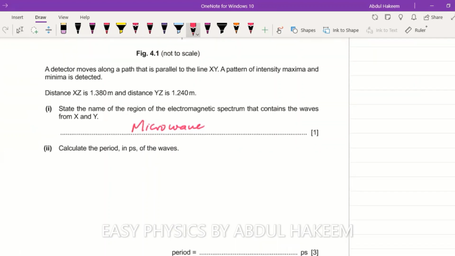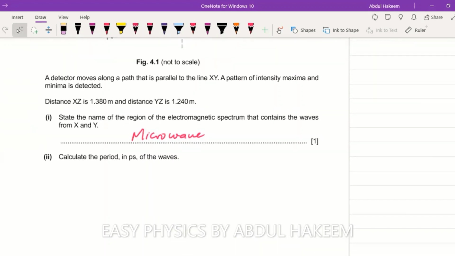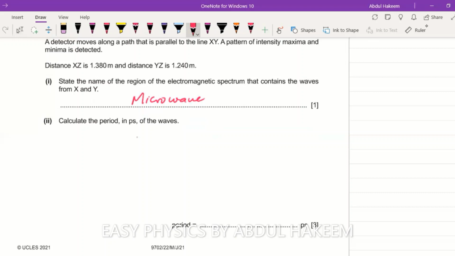Next, calculate the period in picoseconds for the wave. Look, speed is equal to distance divided by time, and the distance covered by one wave is lambda, and the time taken is the period. The microwave travels with the speed of light, 3 × 10⁸.